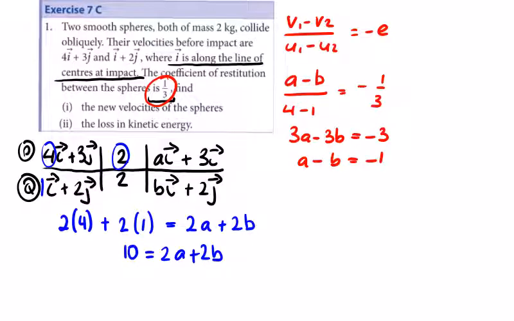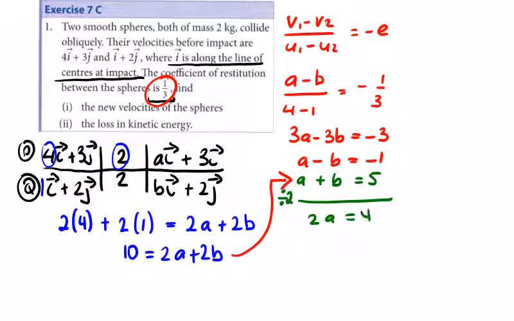And down here we can divide by 2 to get A plus B equals 5. Adding the two lines together, we get 2A equals 4, so A equals 2. And if A equals 2, then B is equal to 3.